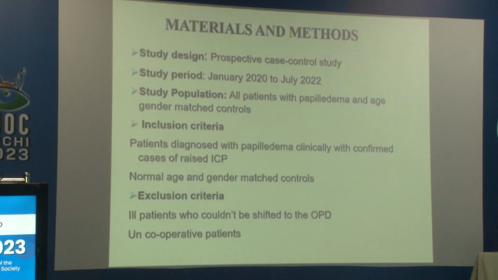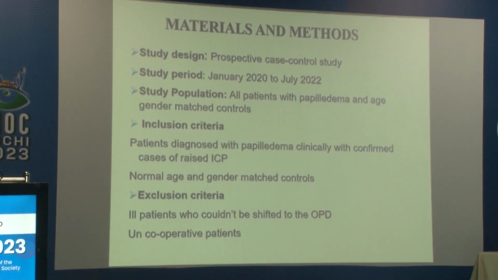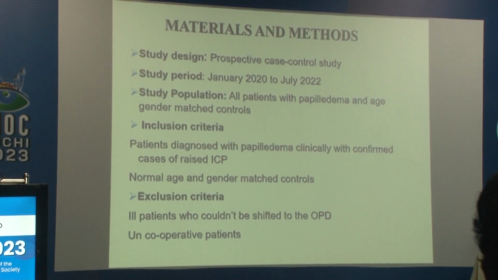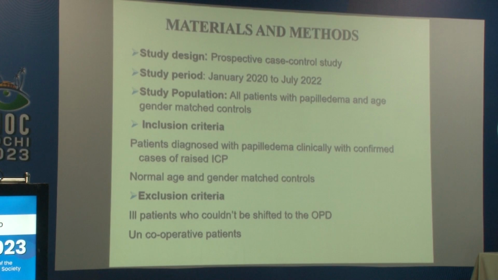The materials and methods used were, we conducted a prospective case control study in the period of January 2020 to July 2022, and the study population included all patients of papilledema with age and gender matched controls. We included patients diagnosed clinically with papilledema and confirmed cases of raised intracranial pressure, and normal age and gender matched controls.